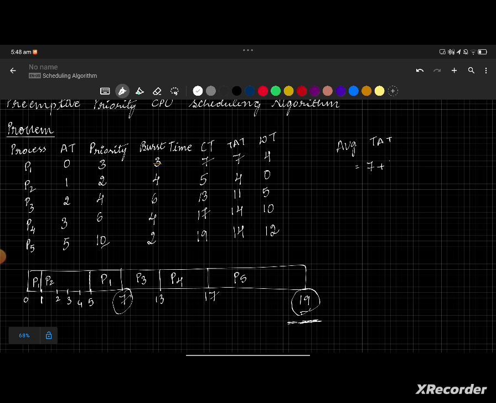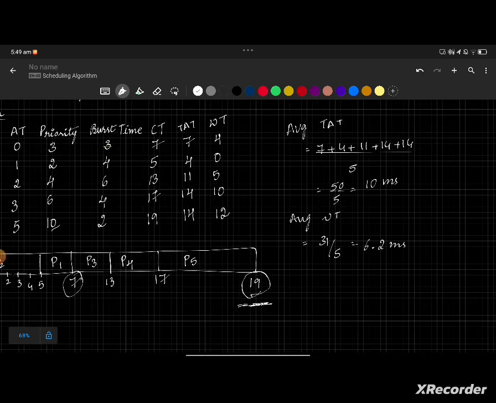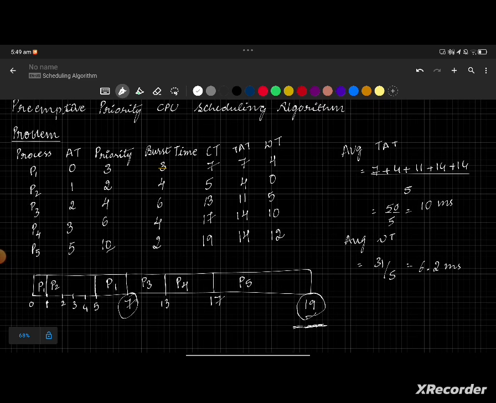It is 7 plus 4 plus 11 plus 14 plus 14, which is 50, divided by 5, that would be 10 milliseconds. The average waiting time would be 4 plus 0 plus 5 plus 10 plus 12, that is 31, divided by 5, which is 6.2 milliseconds. This is the answer for the preemptive priority CPU scheduling algorithm.